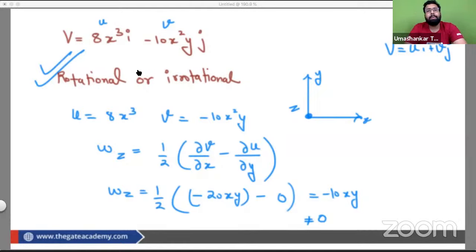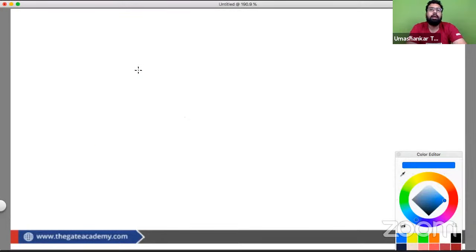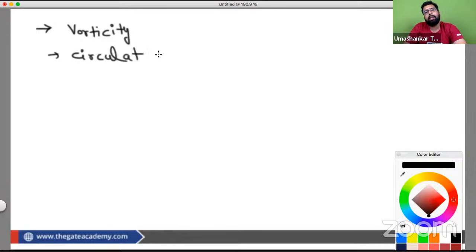So in kinematics, according to me, these were the most important concepts. Now, else to this concept, we have to see the vorticity on our own. Last session also, I told you that we are not just giving you a revision of the most important concepts, but it doesn't mean that you leave all the other things.